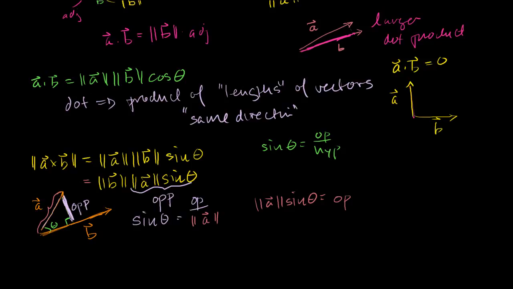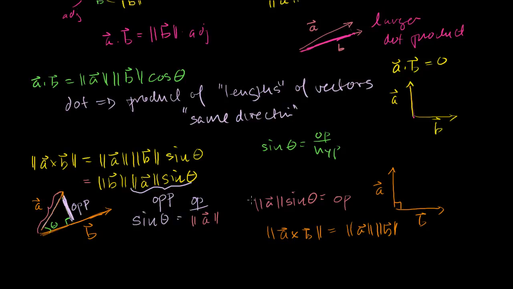And let's just look at a couple of examples. So if you take two vectors that are perpendicular to each other, the length of A cross B is going to be equal to, if we just use this formula right there, the length of A times the length of B. And what's the sine of 90 degrees?